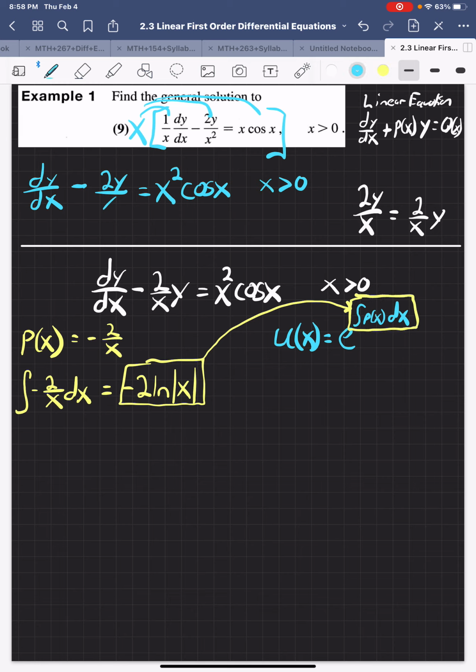So let's call that step 1: what is p of x, and then we integrate whatever we have defined to be p of x. Step 2 is to form u of x. So u of x is going to be equal to e to the power of negative 2 ln of x.